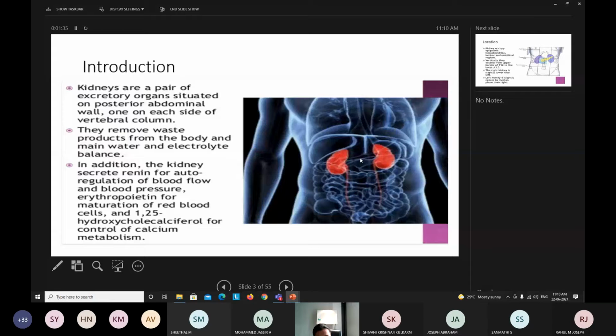In addition, the kidneys secrete renin for the autoregulation of blood pressure, erythropoietin, which helps in the production of red blood cells, and 1,25 hydroxycholecalciferol, which helps in calcium metabolism.